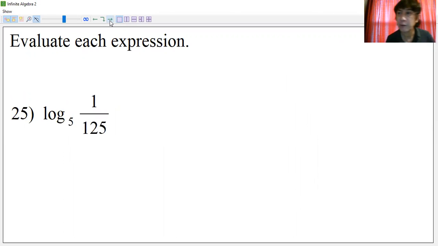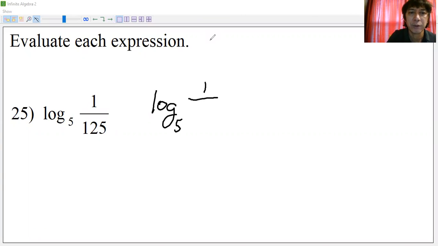All right. We have 125 as related to 5. This is powers of 5. And 125 can be expressed as 5 to the 3. So we can do a little transformation here. Logarithm to the base 5, 1 over 125 can be written 5 to the 3. After which we move the 5 to the 3rd on top of the fraction.